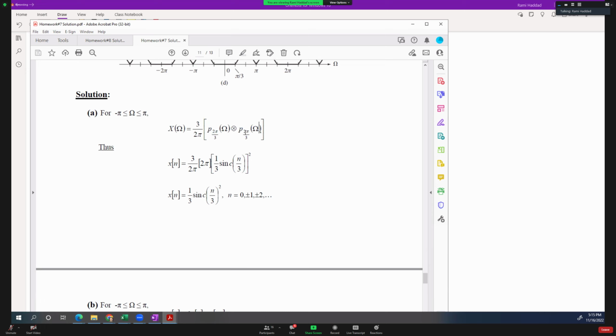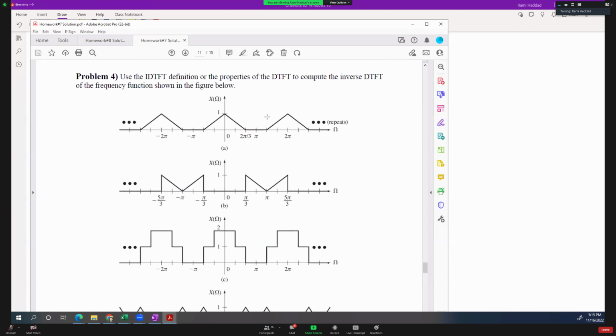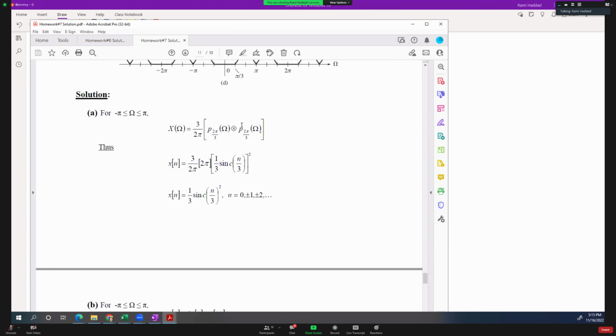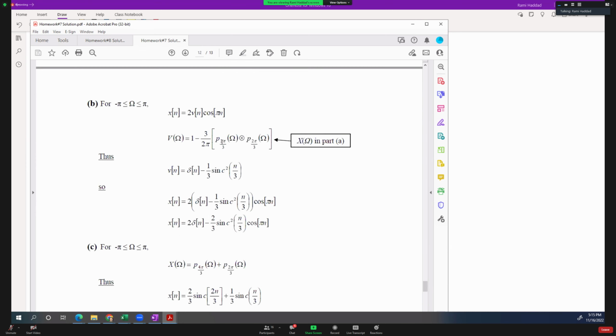If I take the convolution of a pulse in the frequency domain with another pulse in the frequency domain, this too should generate a triangular shaped function. And that's the argument that I put forward in here.